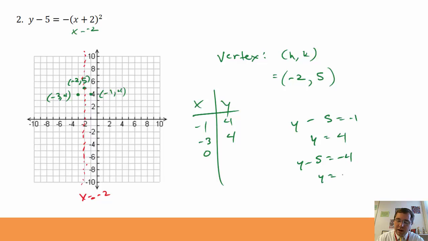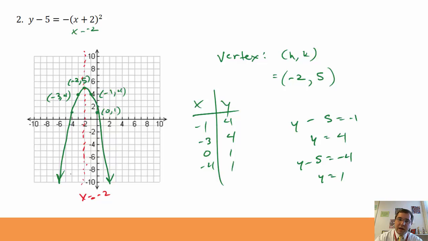That means y equals 1. So 0, 1. 2 to the left of the vertex, when x is negative 4, will also be at 1. Now I have enough to sketch my parabola. A nice smooth curve with arrows on both ends.